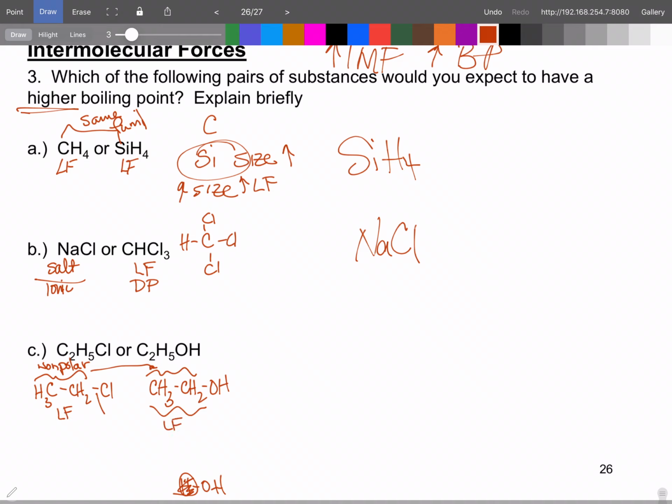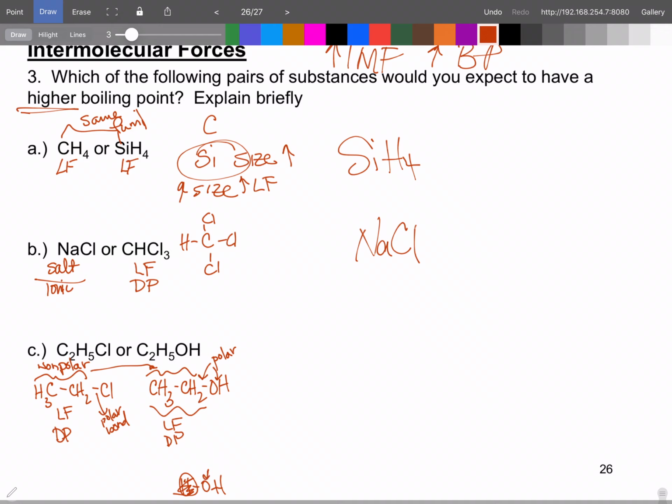All right, this is a polar bond. And this is a polar bond. Actually, as is the OH. So we have polar bonds. So both of these are a dipole. Now the chlorine doesn't have a hydrogen attached to it, so it can't have hydrogen bonding.